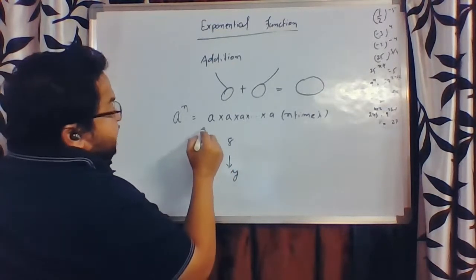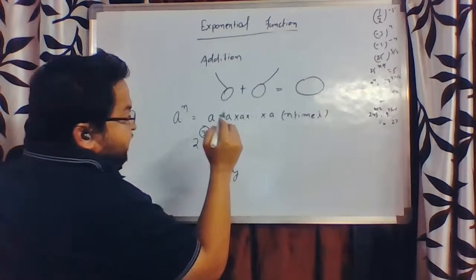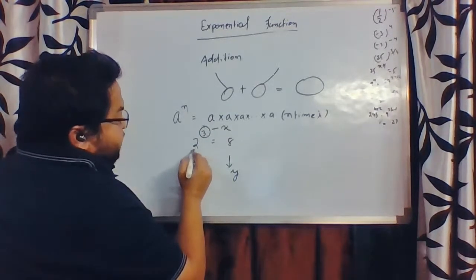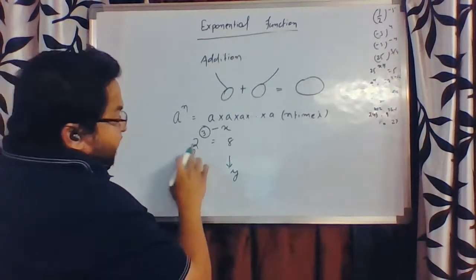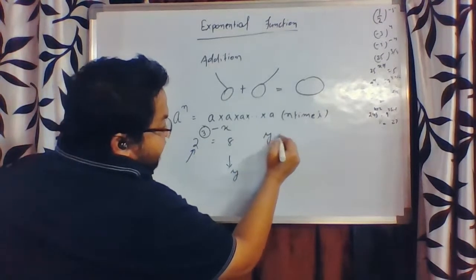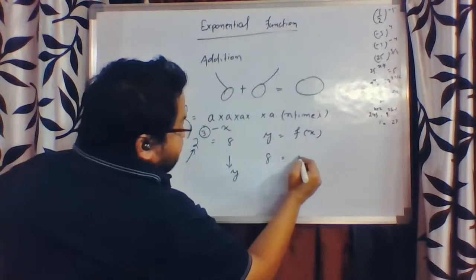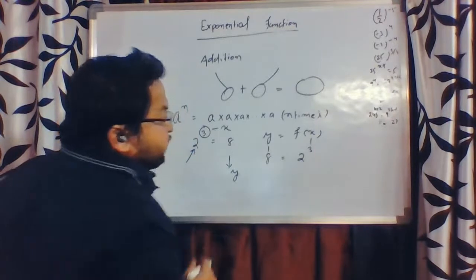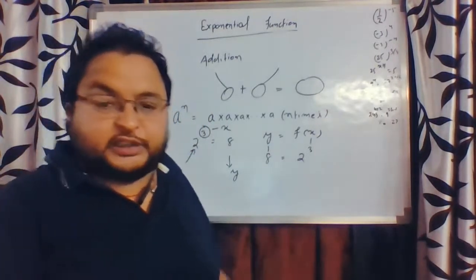Here, let me assume that I change the indices. So let me say this is my independent variable x, and this was some base. It may be a constant, it may be a variable, that's fine. So here I can say y equals f of x. If you see here, 8 equals 2 to the power 3, and you can draw the analogy. That is why we call it an exponential function, right?